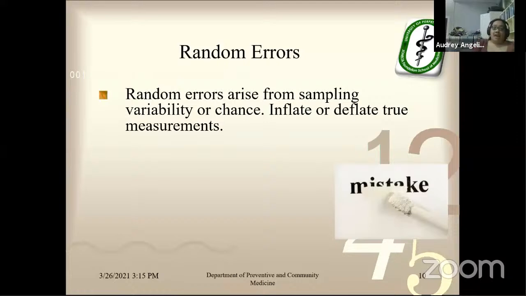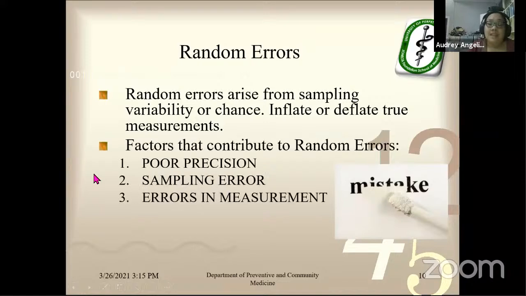Okay. So random errors. How do random errors occur? So you've had your sampling lecture. So your random errors arise from your sampling variability or chance. So this either inflates or deflates measurements. So for example, the sample that you got, merong outlier, sobrang taas ng grade or sobrang baba. So that could be a random error.